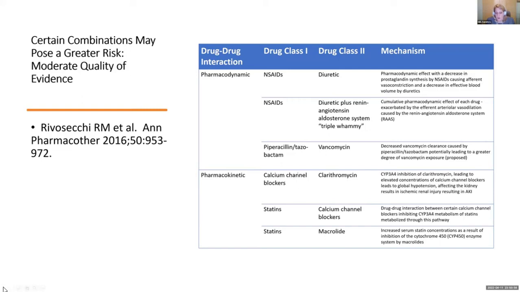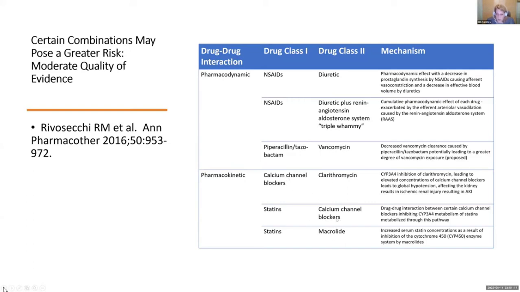This particular observational trial looked at, instead of clarithromycin, azithromycin, which doesn't have that CYP3A4 inhibition, and they saw a greater risk for acute kidney injury with the clarithromycin plus calcium channel blockers versus azithromycin plus the calcium channel blockers. So that's why this is suggestive to be a relevant drug interaction.